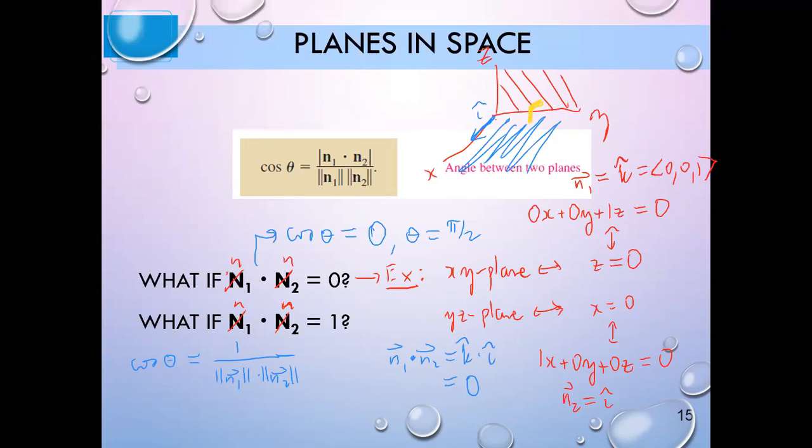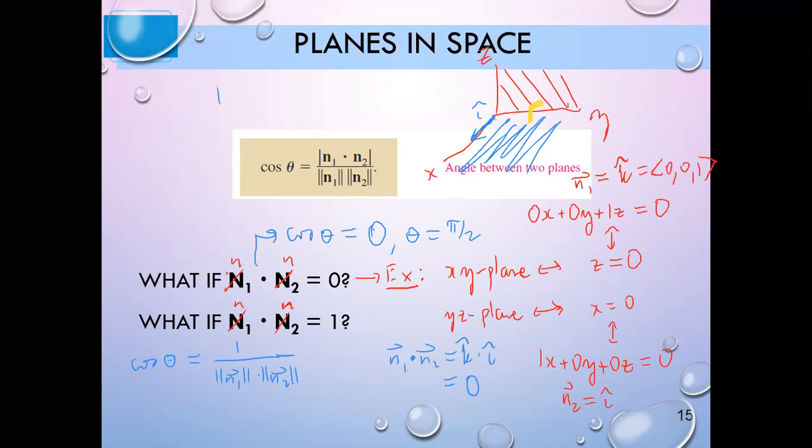So let me just ask you a question. If the angle was 0, what would you get? Well, what would that mean? The angle being 0 between the planes would mean that the cosine was 1. Does that make sense?